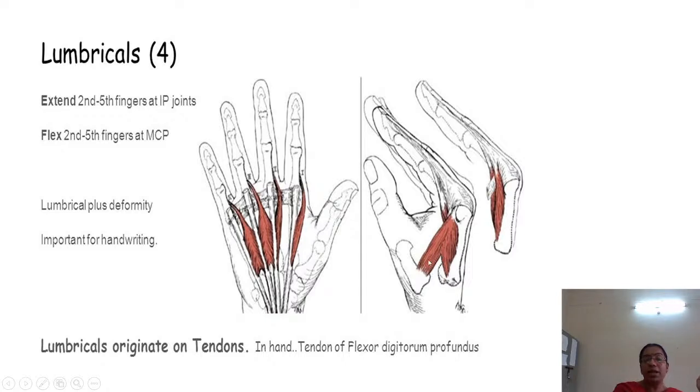At the origin part, they flex from second to fifth finger. The flexion is done by means of the lumbricals, and the extension at the interphalangeal joint is by means of the insertion, which is coming from the palmar aspect and inserting into the dorsal aspect, middle and the distal phalanx.